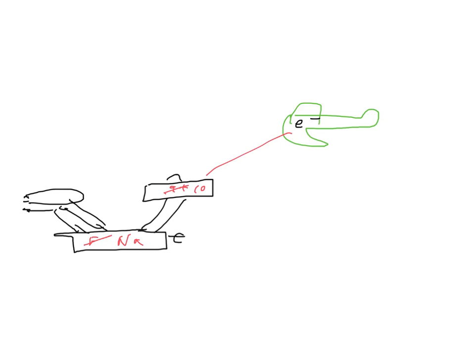How many core layers of electrons does sodium have? Sodium's in the 3rd period, so it has 2 inner layers.